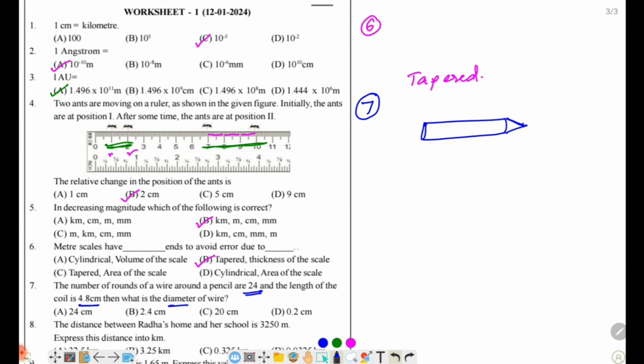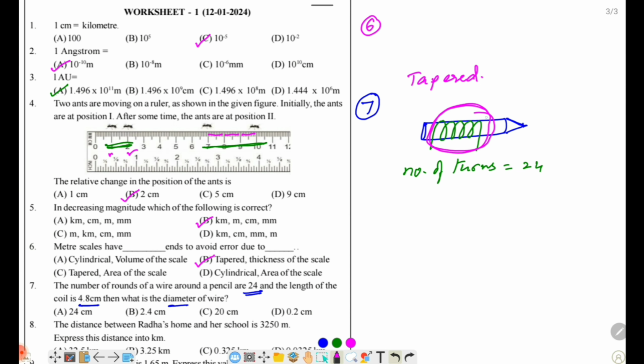Now you have a wire and you made a number of turns around this in this way. Here the number of turns is 24. And this whole thing we are calling a coil.